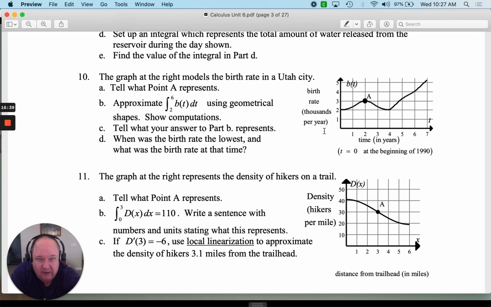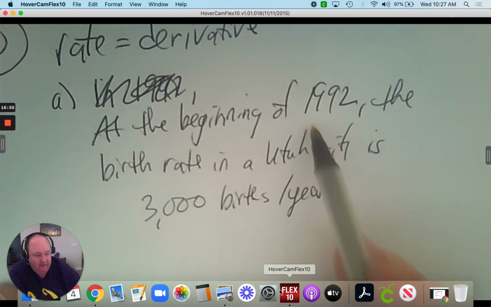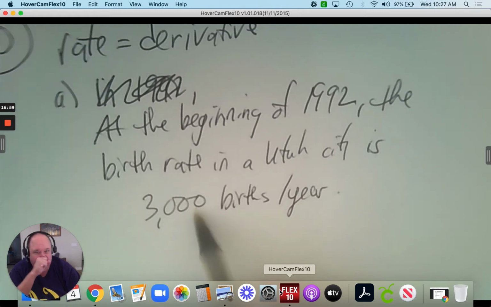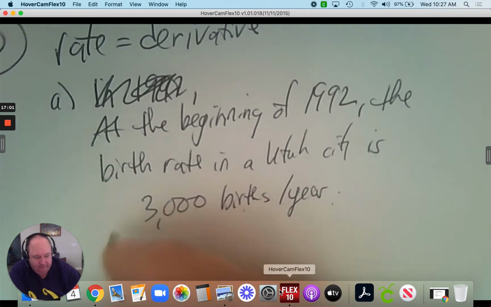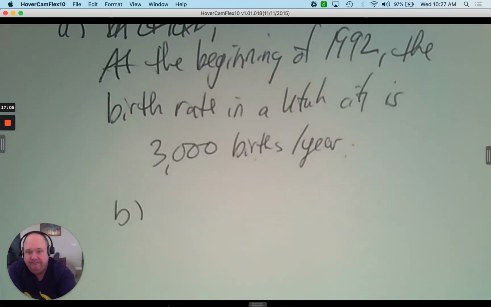So it's 3,000 births per year. So at the beginning of 1992, the birth rate in a Utah city is 3,000 births per year. It doesn't have to be complicated. Part B.